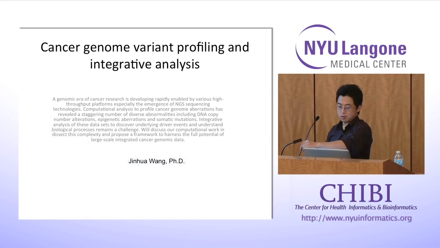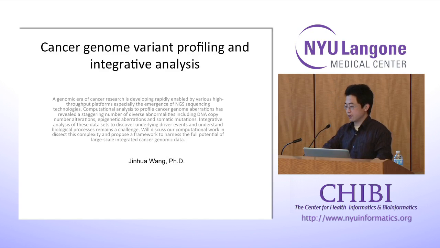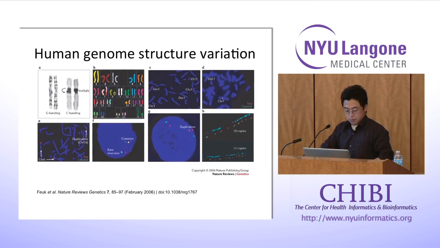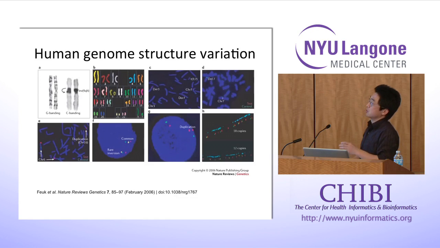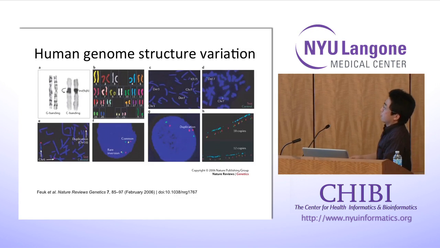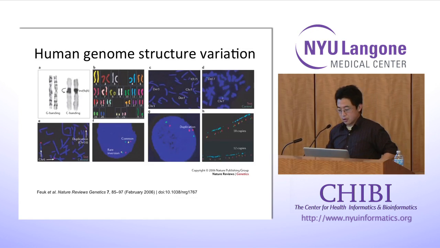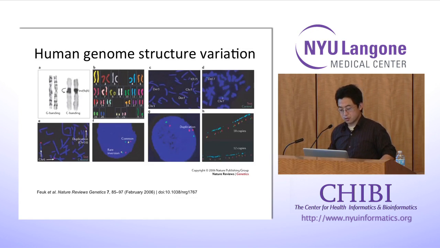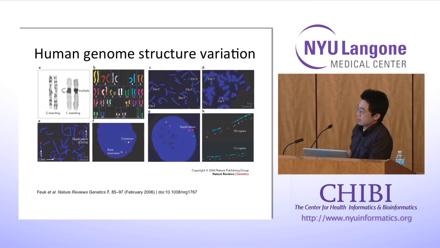Okay, today I'm going to talk about cancer genome variant profiling and integrative analysis. So we know that between the normal human genome and a cancer human genome, there are lots of variations. These variations give us diversity of individuals, and are also associated with disease susceptibility.